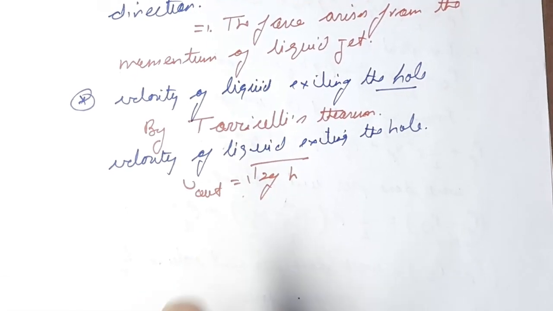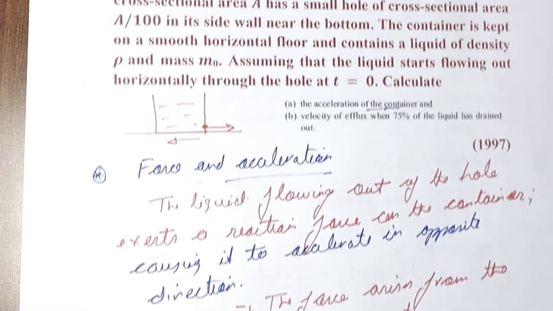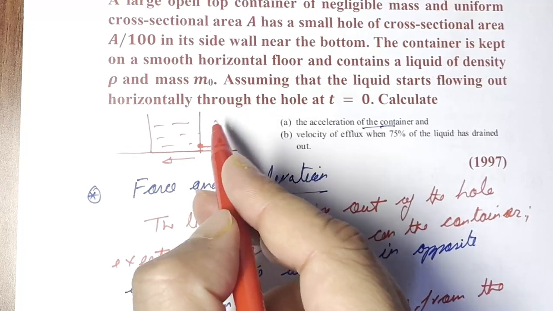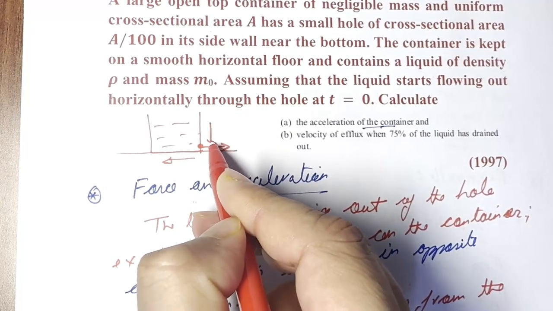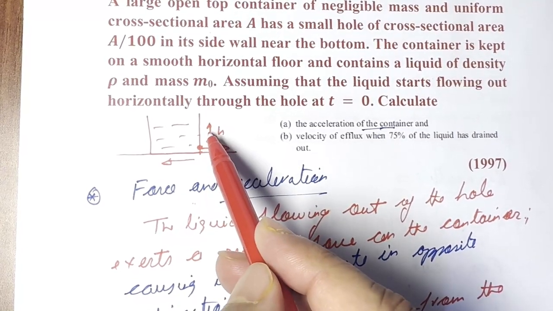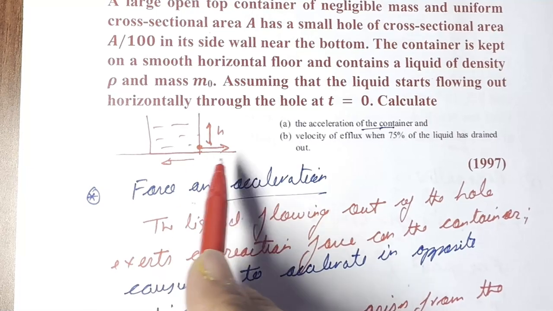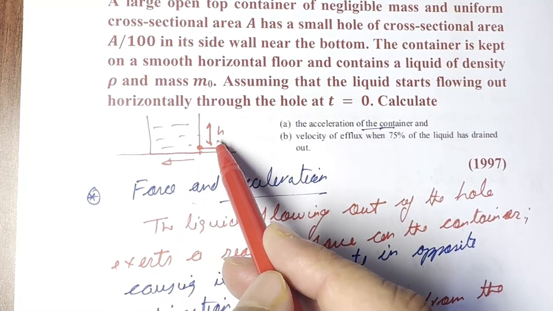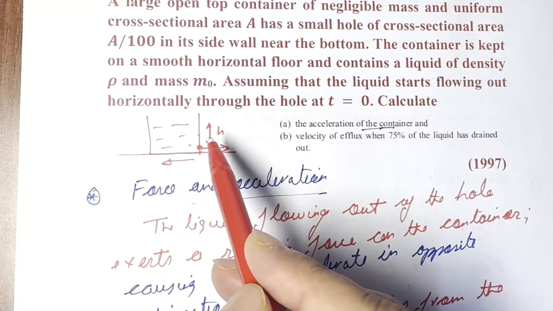Here h is the liquid column, suppose this is the height, and with the passage of time this height is going to reduce, as more and more liquid flows from this hole. So we can say this height is dependent upon time.